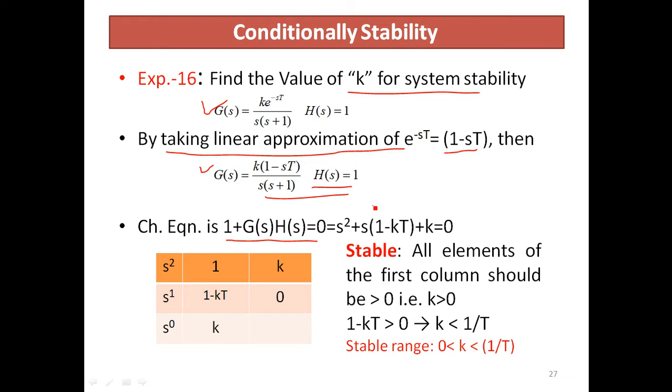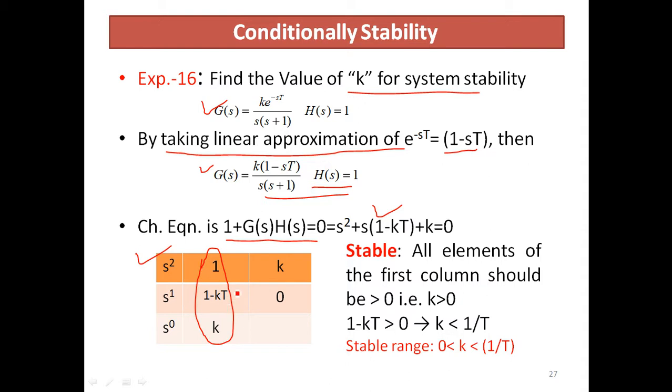If this is your characteristic equation, then construct the Routh's array. The s square row elements would be 1 and k, and this is 1 minus kt, and the calculated value is k. For the system to be stable, all elements of the first column of the Routh array should be positive.